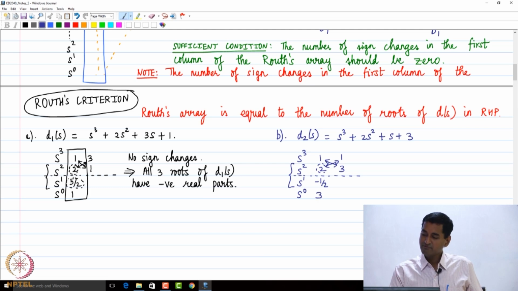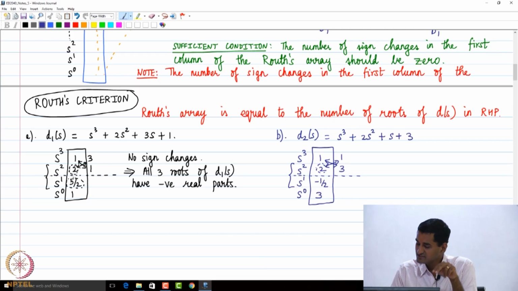So we immediately look at the first column of the Routh array. What can we see? There are two sign changes. How come there are two sign changes? You see that from 2 to minus 1 by 2 is one sign change. From minus 1 by 2 to 3 is another sign change. So that's how we get two sign changes here.